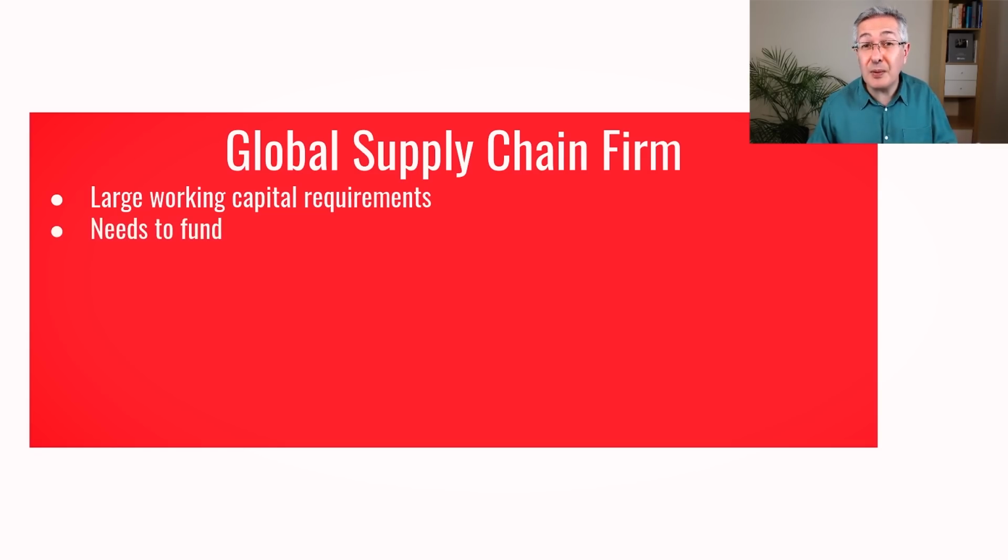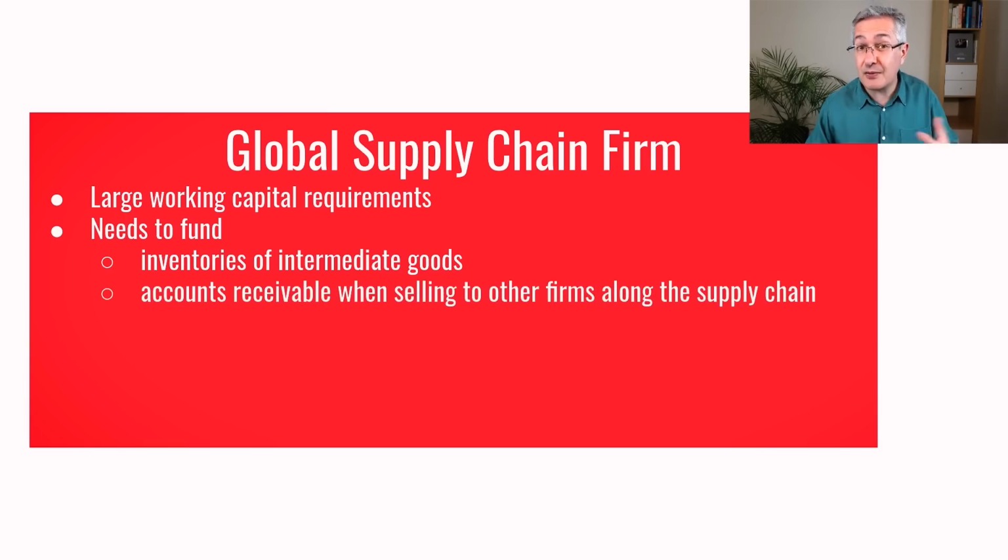So, for example, it might need to fund things such as intermediate goods. If it's assembling electronics, it has to buy those electronics to assemble them. So that's an input cost for the company, which has to be funded. Then even if it sells goods to a company further down the supply chain, it may be delayed receiving payment for those goods. So it'll also need to finance those accounts receivable.